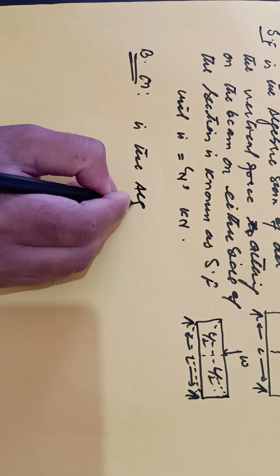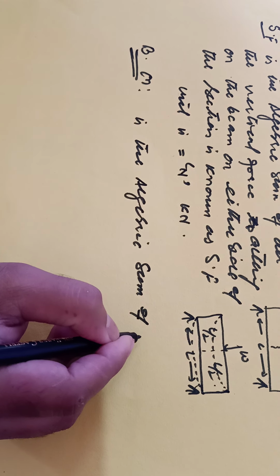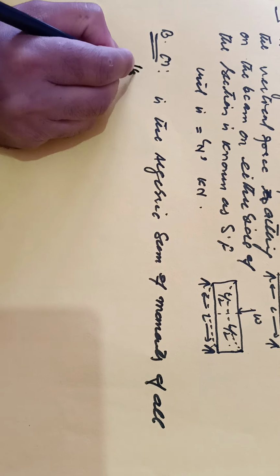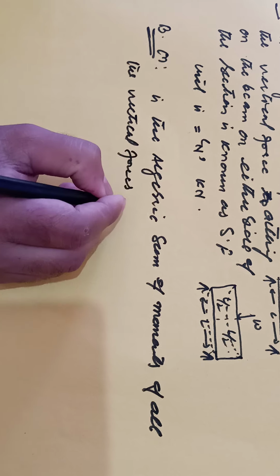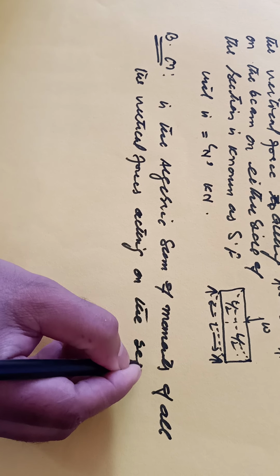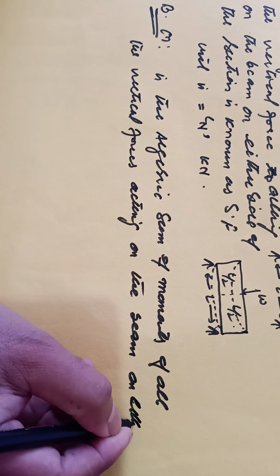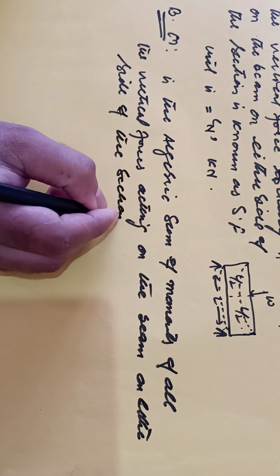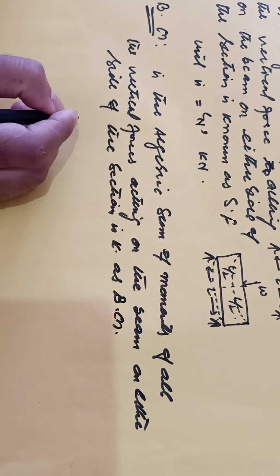Bending moment is the algebraic sum of moments of all the vertical forces acting on the beam on either side of the section, is known as BM, bending moment.